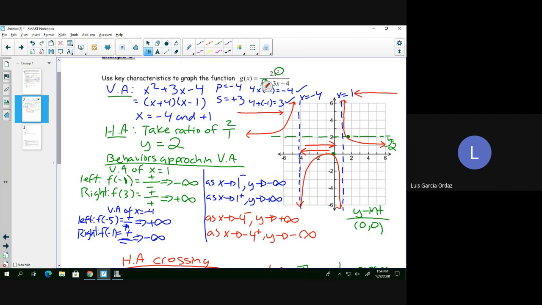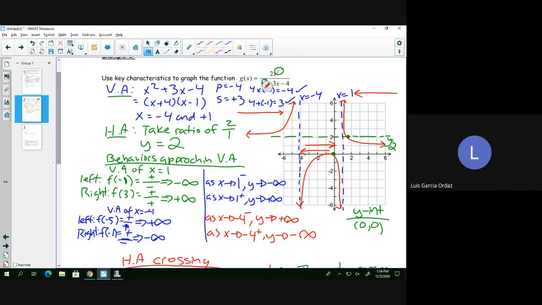So if I ever tell you to graph a reciprocal function like this, what are you going to be using? What's the most important piece of information you're going to be using to help you graph this graph? Yeah.